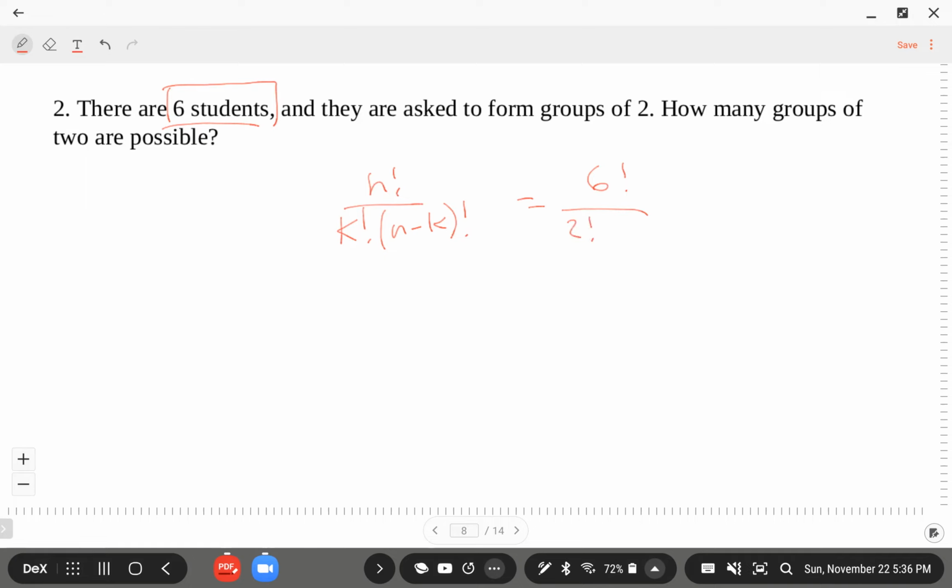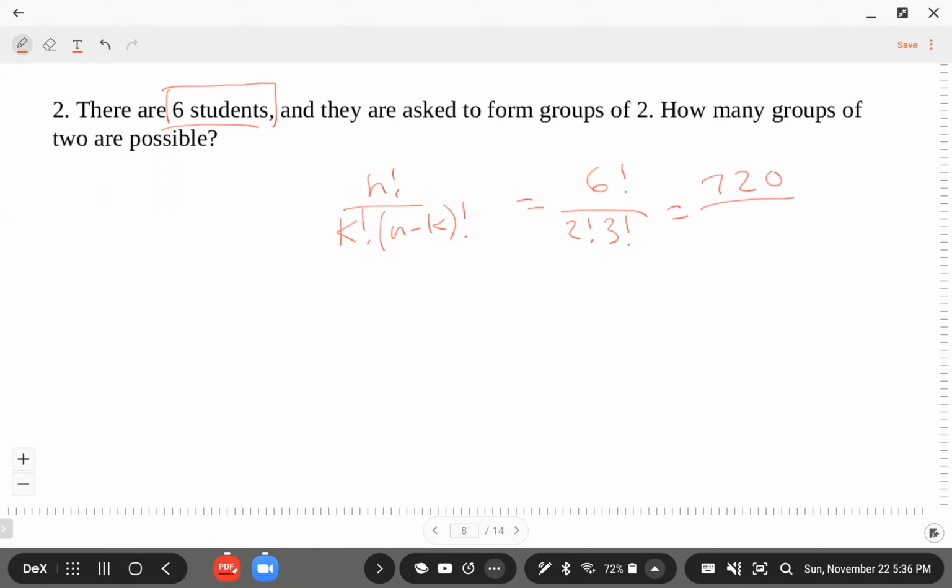And then n minus k should be quite easy. What is n? 6. What is k? 2. n minus k is 4, so 4 factorial. Now 6 factorial over 2 factorial times 4 factorial, 720 over 2 times 24, 15.